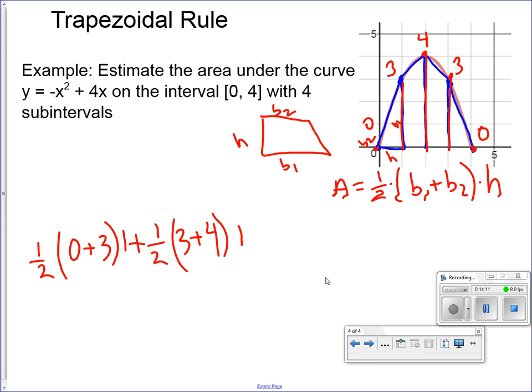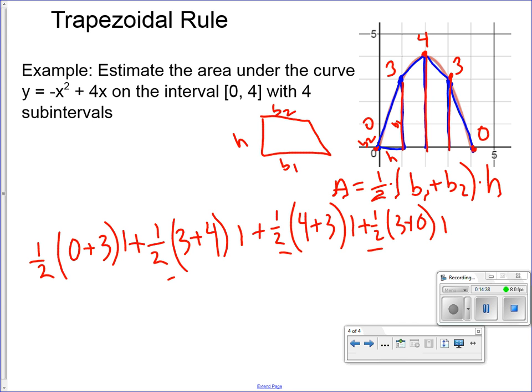Okay, then the third trapezoid, 1/2 times the sum of the two bases, and the height between them, which is 1. And then the last trapezoid, 1/2 times the sum of the two bases again, times the height, which is 1. Notice how all of these are multiplied by 1/2. It's actually a GCF.